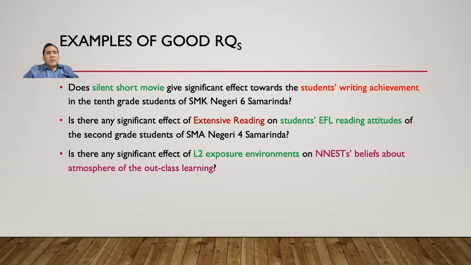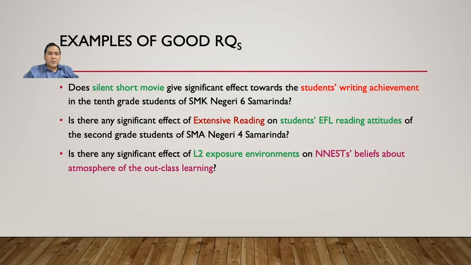This is an example of good research questions. You have things that are very important, as a real concept, the variables that you want to investigate. For example, does a silent short movie, which will be your variable, give a significant effect to students' writing achievement?